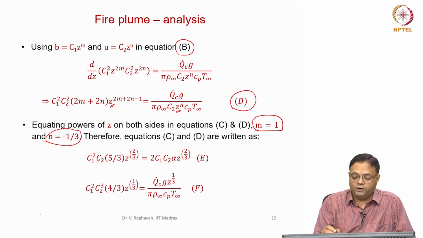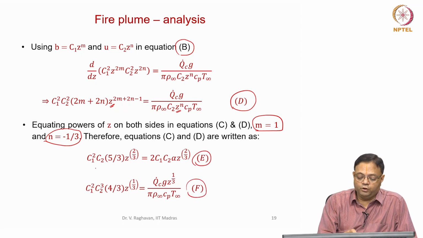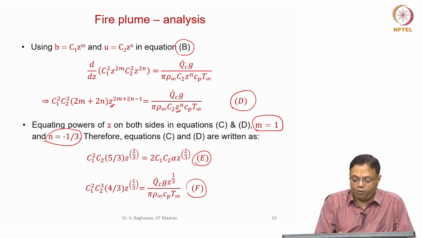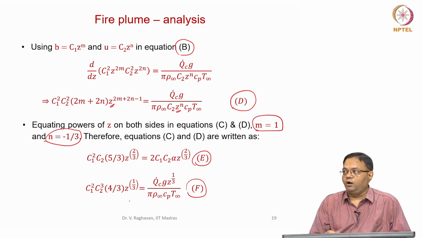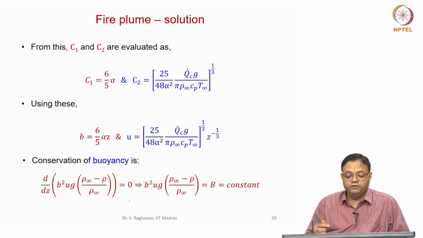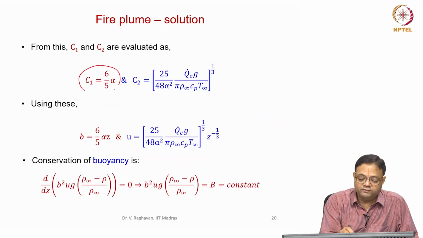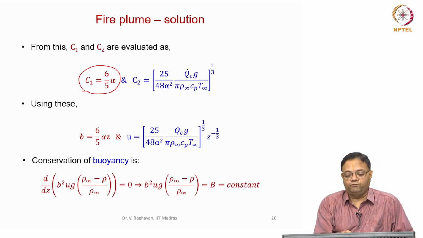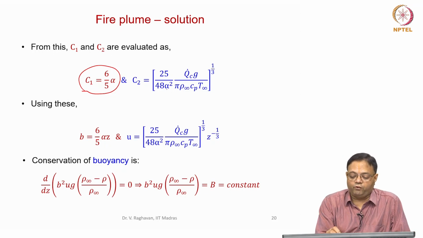Now substituting this back into equations C and D, I get equations E and F, where you can see that C1 and C2 are involved in these two equations. When we solve these two, I get the values of C1 and C2. C1 is 6 by 5 times alpha, C2 will be 25 by 48 alpha square, Q dot C G by pi rho infinity Cp T infinity whole power 1 by 3.